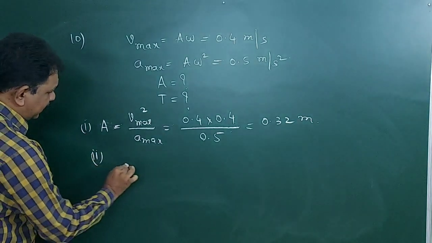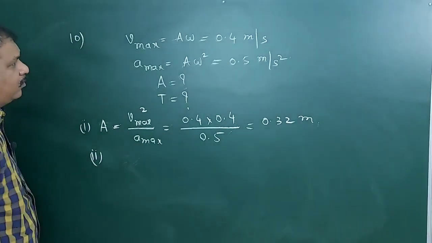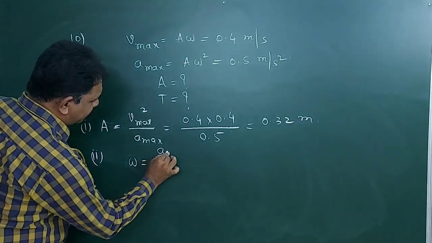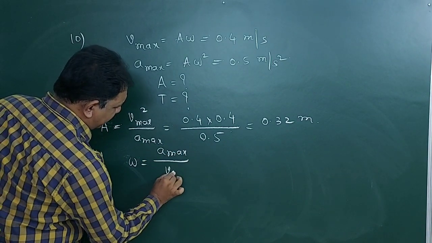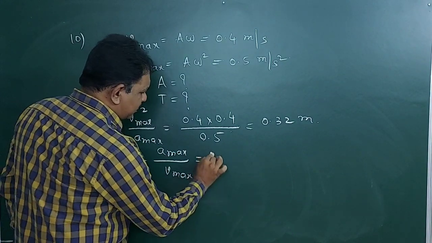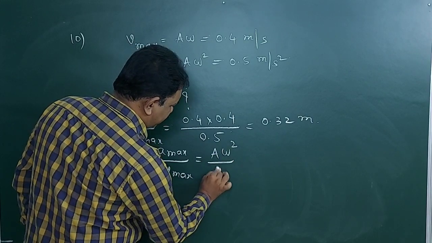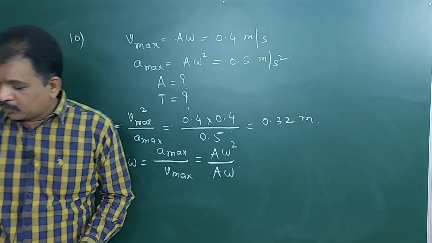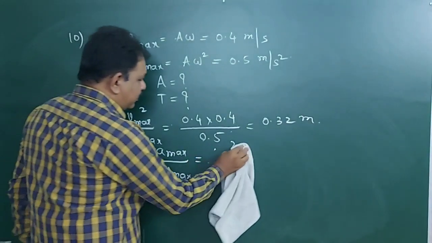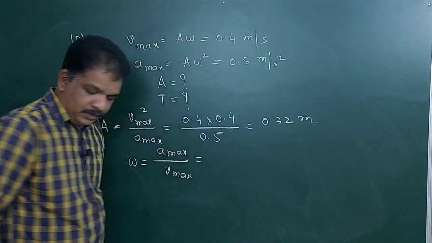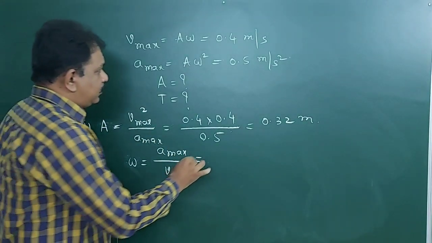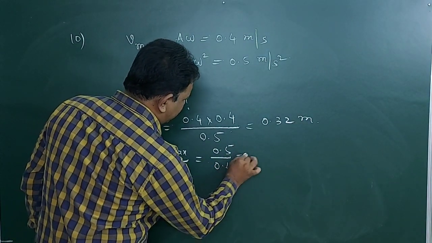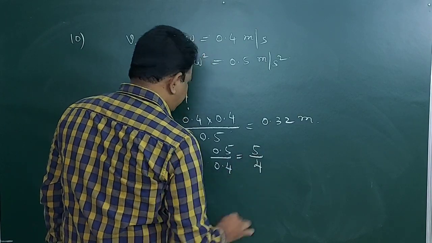Another one they are asking is time period. First we will find omega. A max by V max, you do, you will get omega. A max means A omega square. V max will be A omega. So it becomes omega only. Okay. So A max value will be 0.5. V max value will be 0.4. This is 5 by 4.